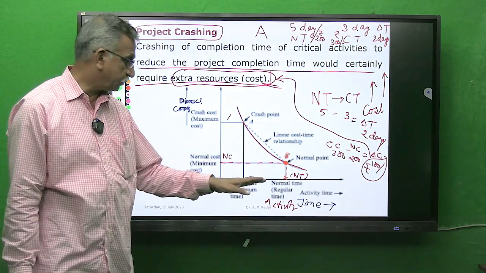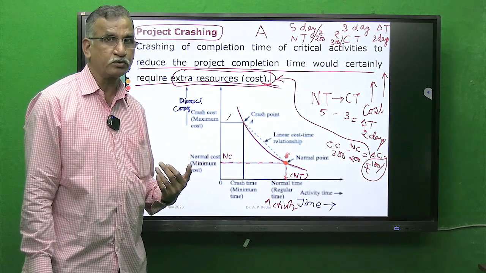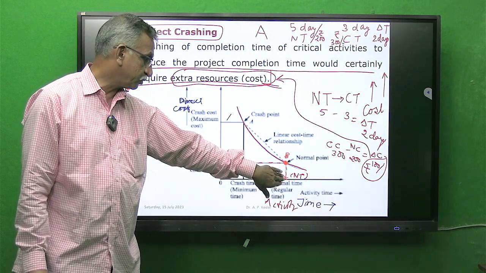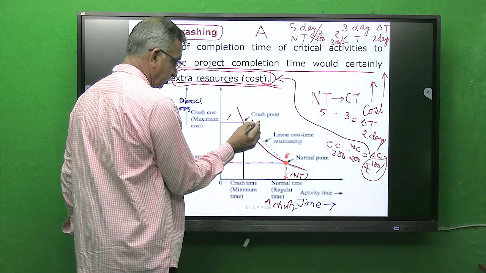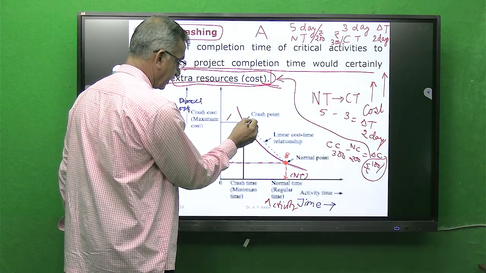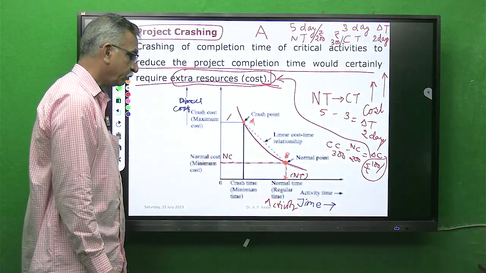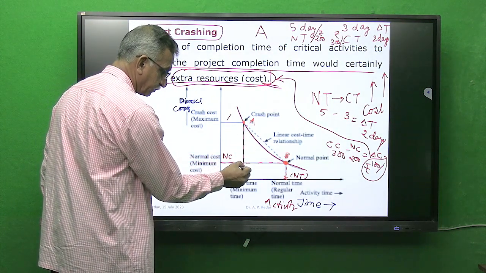Suppose we crash this activity by some duration, which means the time will reduce, and suppose the time comes from this point to this point like this. Now we take this point A and drop a perpendicular from A on the x-axis.